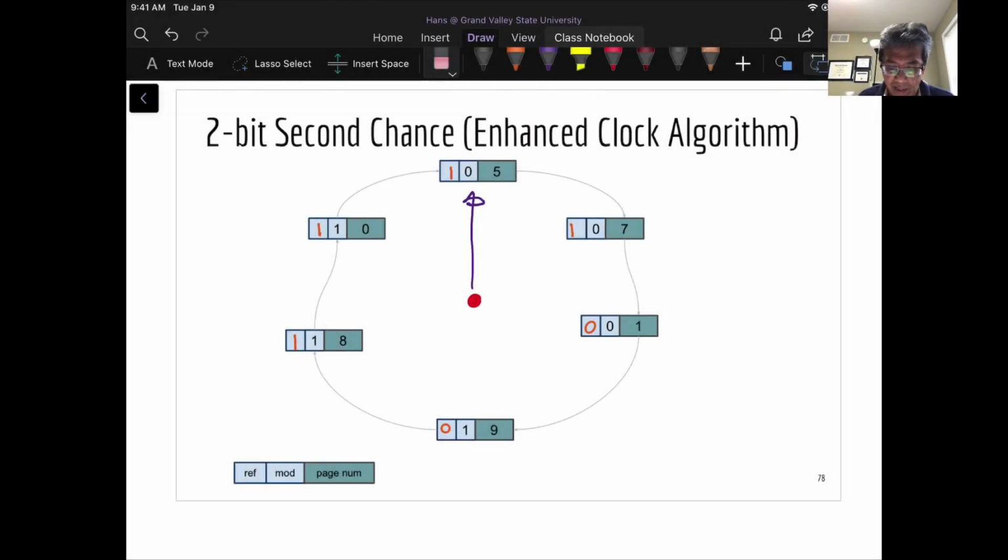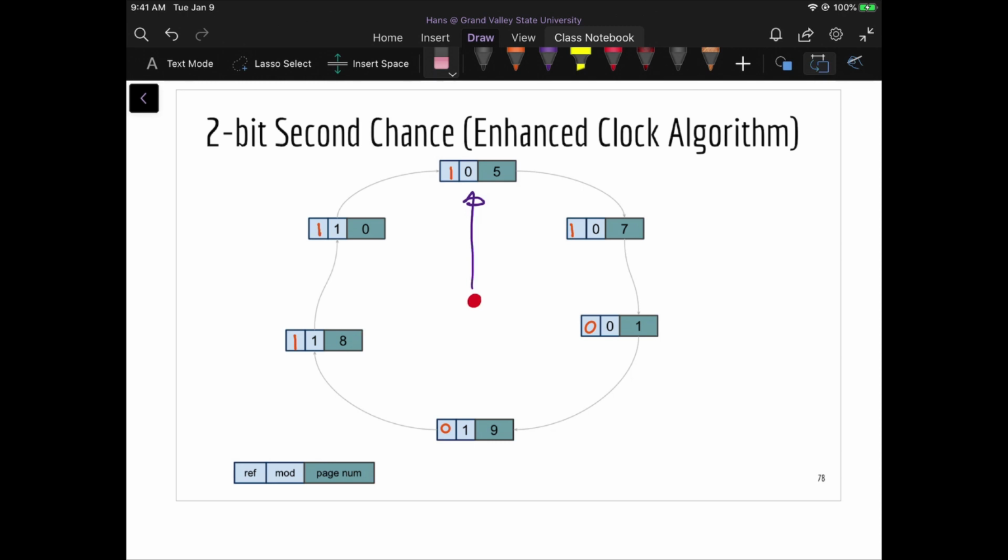Let's use this example to see how the 2-bit clock algorithm works. The leftmost bit is the reference bit and the second bit is the modified bit. We start from page 5, and in the first pass we always look for class 0, which is R0 and M0. Page 5 is not class 0, but at the same time the algorithm will reset the R bit from 1 to 0.